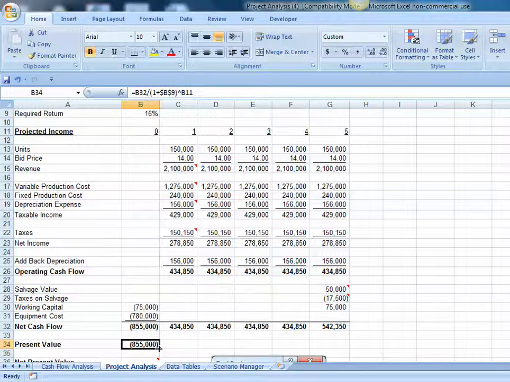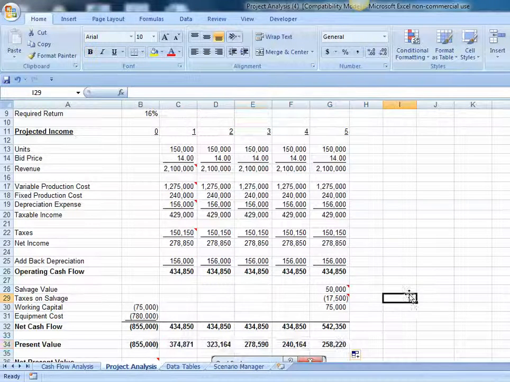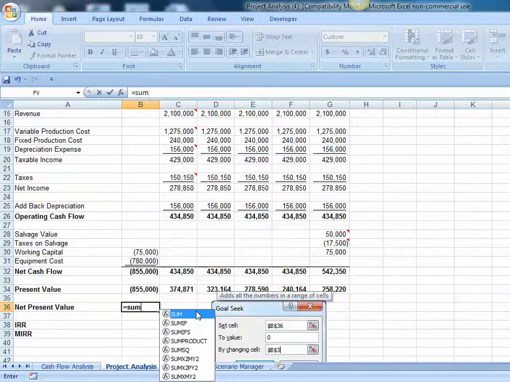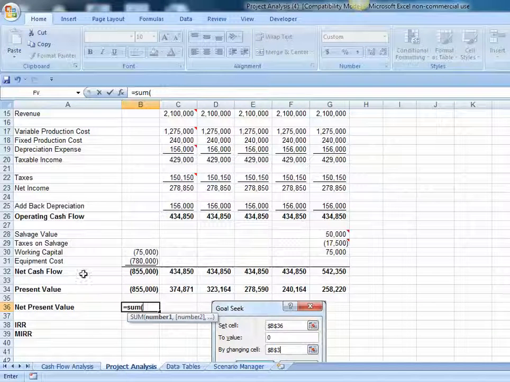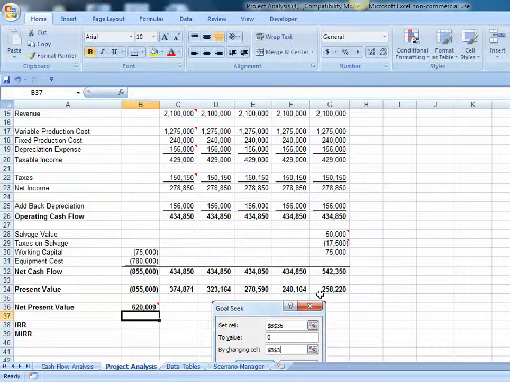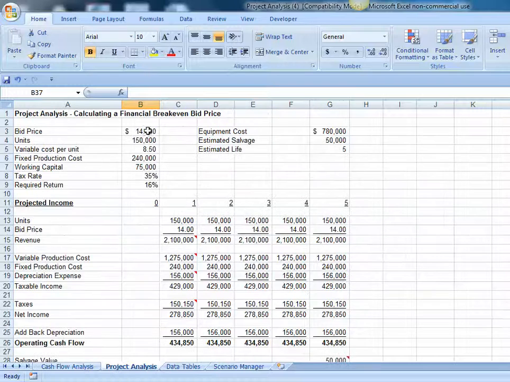We can copy that formula across, and then to calculate the net present value, we can simply sum all of those cash flows. And we get a net present value of $620,000.09 with a $14 bid price.